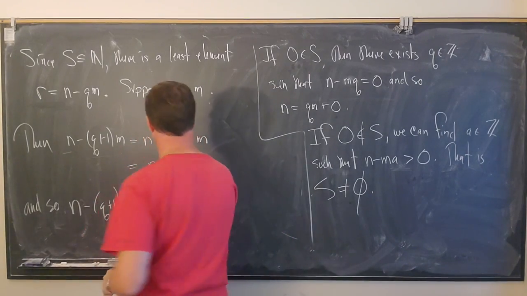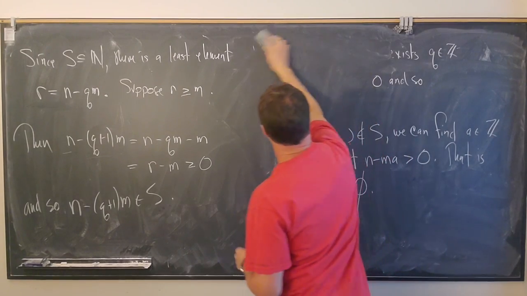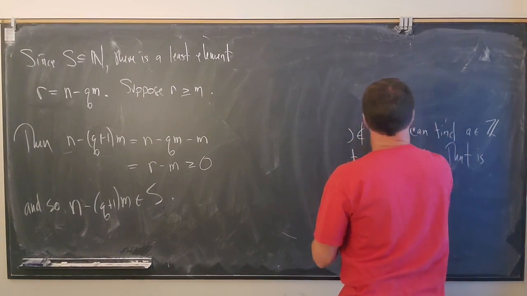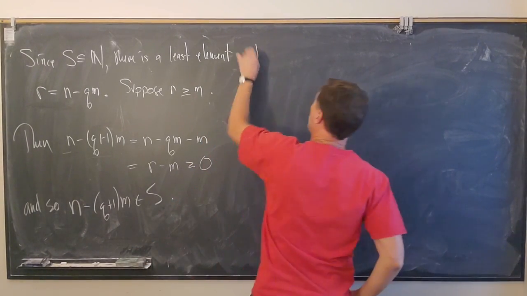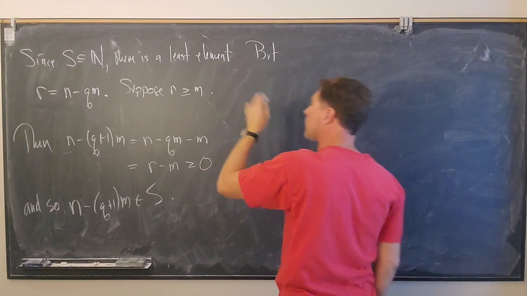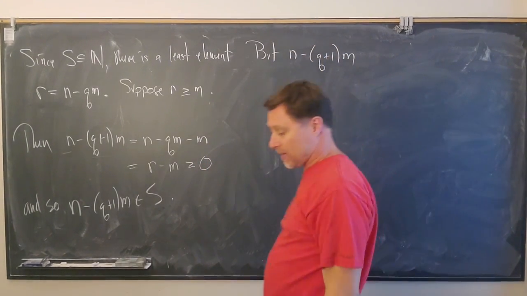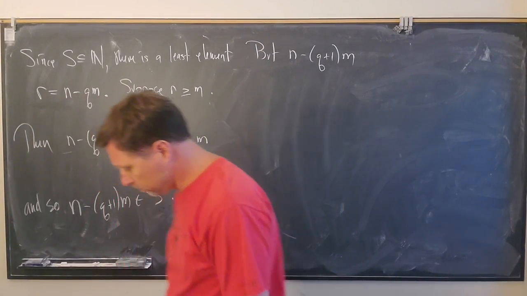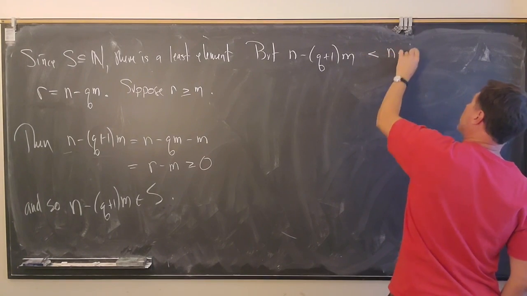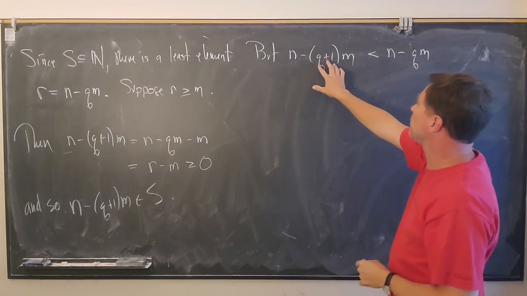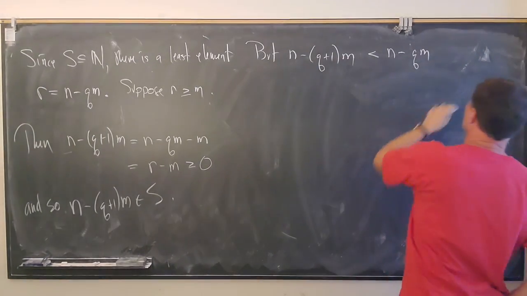But if we look at n minus q plus 1 times m, how does that compare? Well, this element right here is strictly less than n minus qm, right? Because of this q plus 1 part, knowing that m is a positive number. This is a contradiction, right?